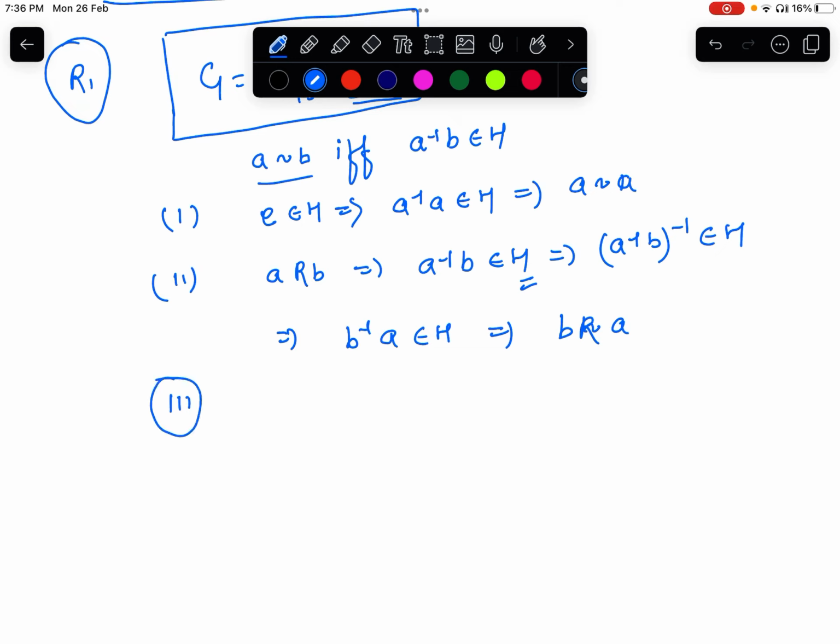Third, we need to prove that this is a transitive relation. For transitive, let a is related to b and b is related to c.